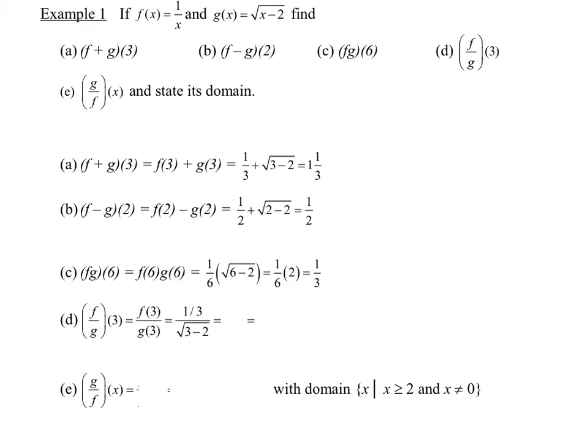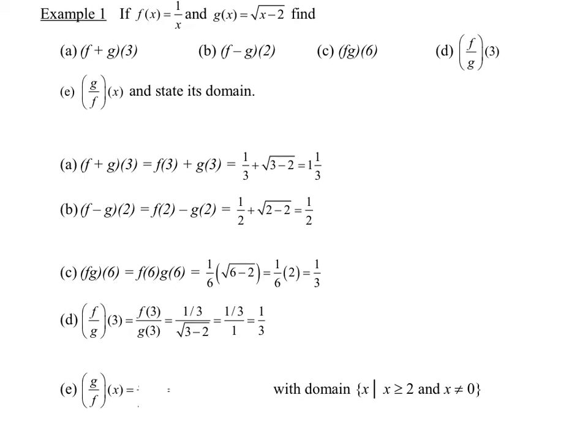Just plugging 3 into f and into g. And then after that, it's just a case of simplifying that. We'll get 1/3 divided by 1. And anything divided by 1 should just be that thing itself, 1/3.